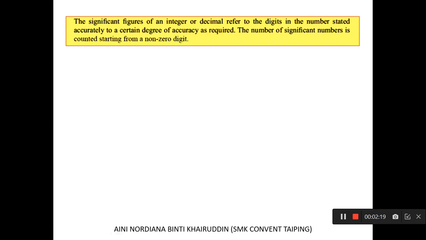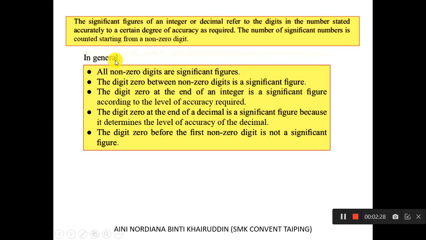The number of significant figures is counted starting from a non-zero digit. Okay, in general, number 1, all non-zero digits are significant figures. Number 2, the digit 0 between non-zero digits is a significant figure. Number 3, the digit 0 at the end of an integer is a significant figure according to the level of accuracy required.